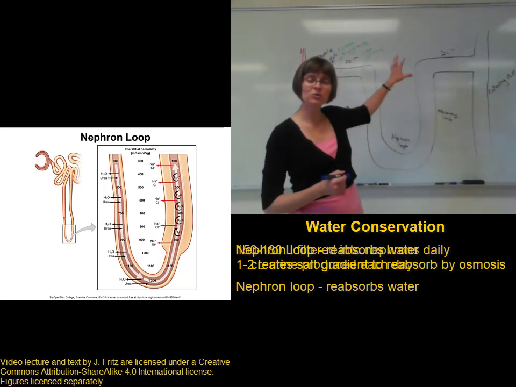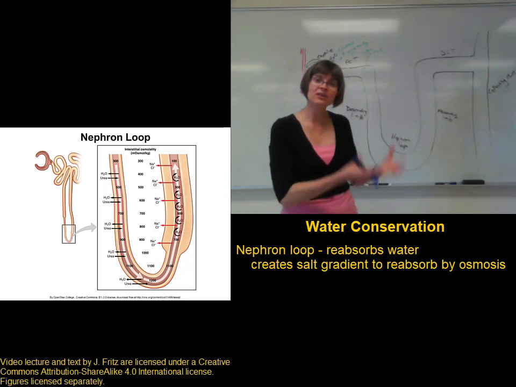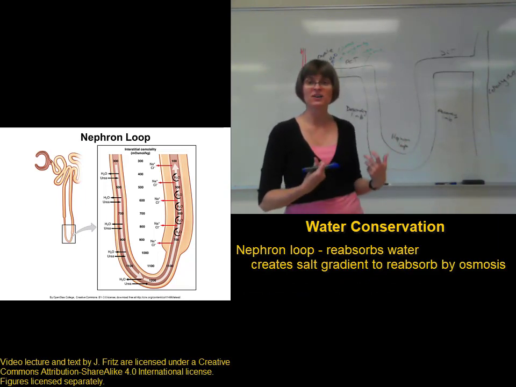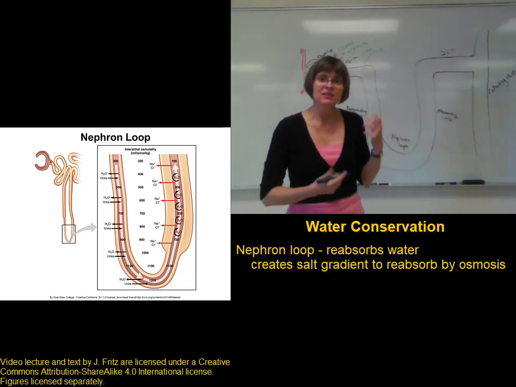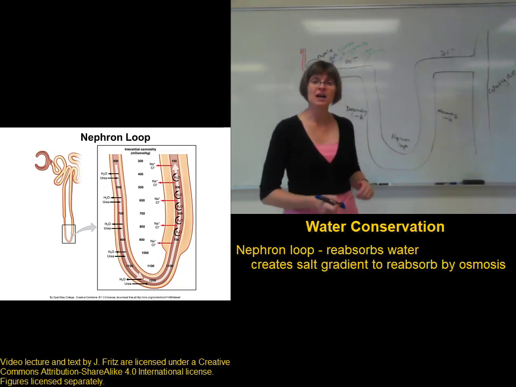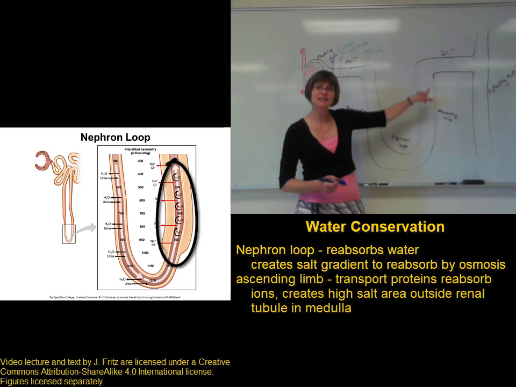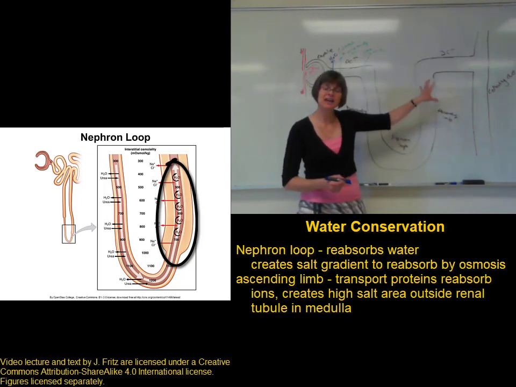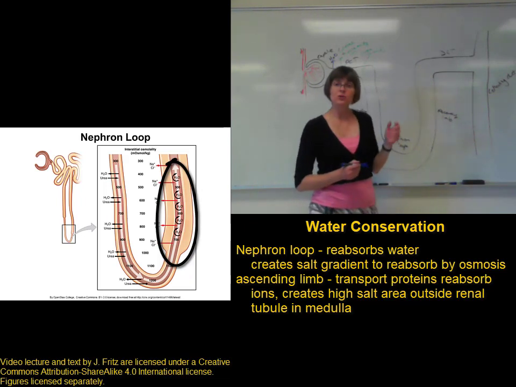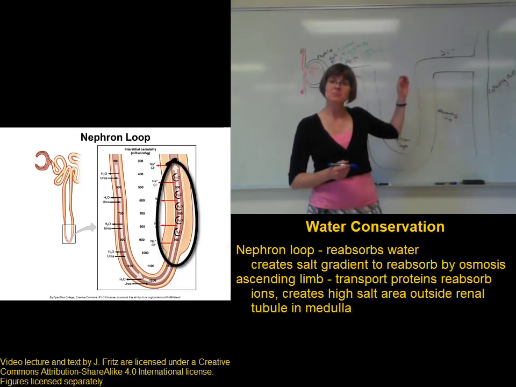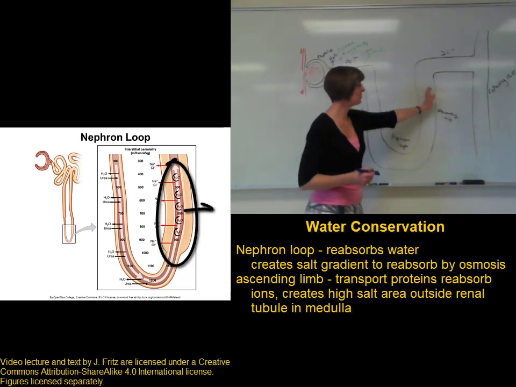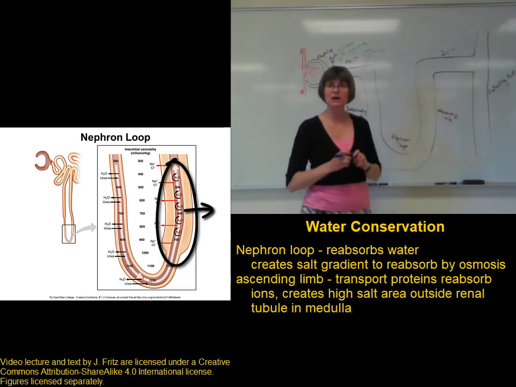The nephron loop creates a salt gradient that allows us to reabsorb a lot of water by osmosis. This salt gradient is created by transport proteins along the ascending limb of the nephron loop. These transport proteins transport sodium, potassium, and chlorine out of the ascending limb and into the surrounding fluid.